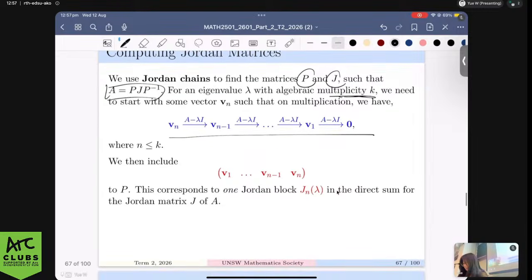And then we need to include this up to pk. After you do all of this, you can combine everything together, and that would be known as one Jordan block in the direct sum of your main Jordan matrix J of A. And you want to do that for every single corresponding eigenvalue.